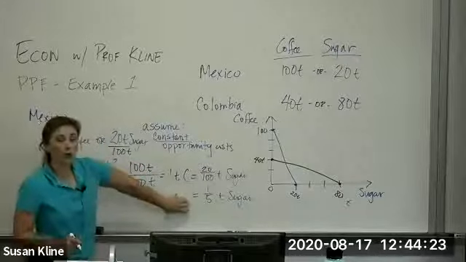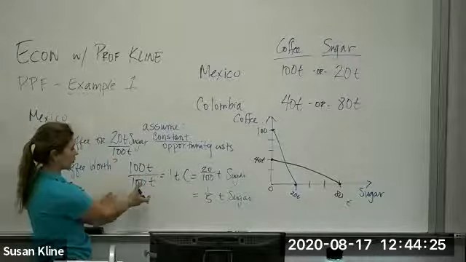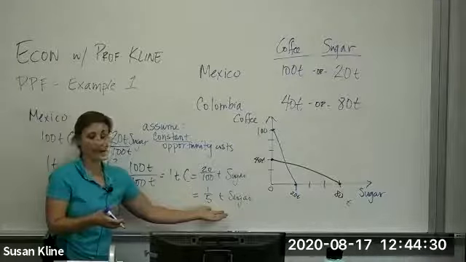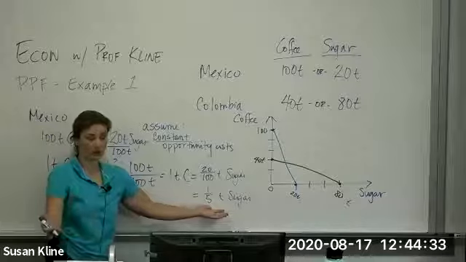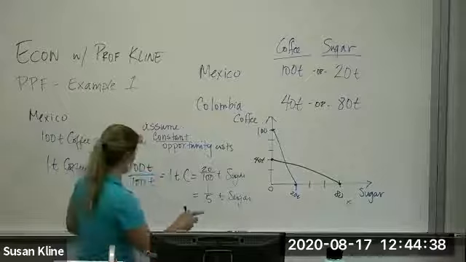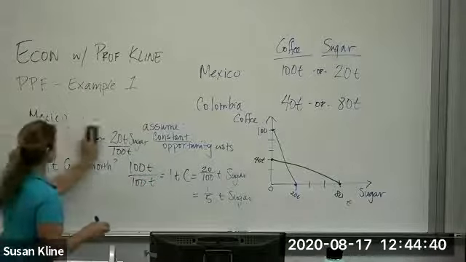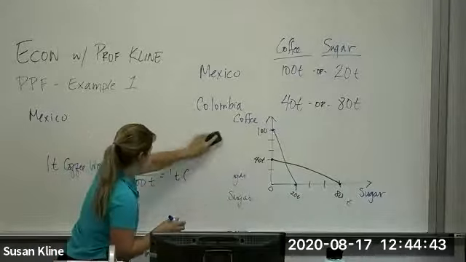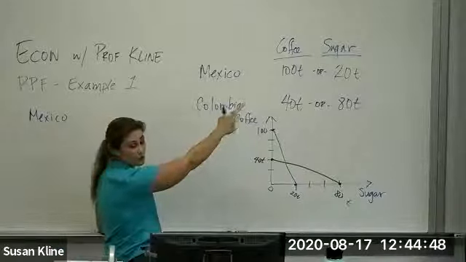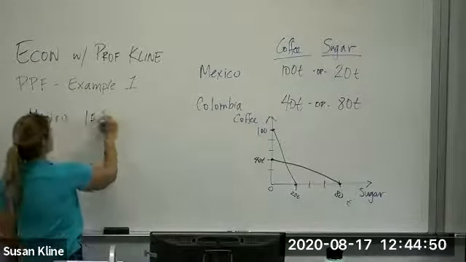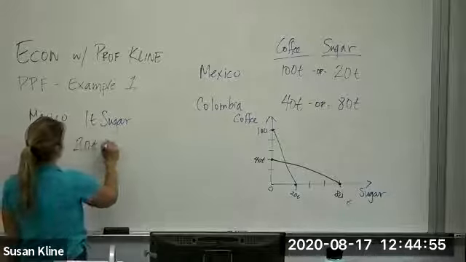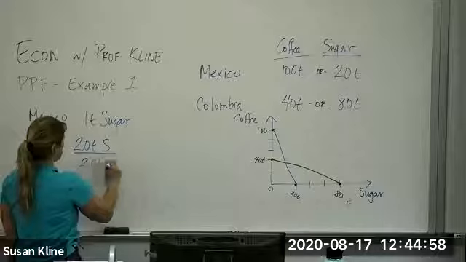Now, for comparative advantage, this is the opportunity cost. 1 ton of coffee. Every time Mexico gives up 1 ton of coffee, they can get back 1/5 a ton of sugar. So how then, if we wanted to think about this in terms of sugar, what should I do, right? And so the way that we do this for sugar, using the same information over here, but now we want to know what 1 ton of sugar is worth, right? And so we would take the 20 tons of sugar divided by 20.